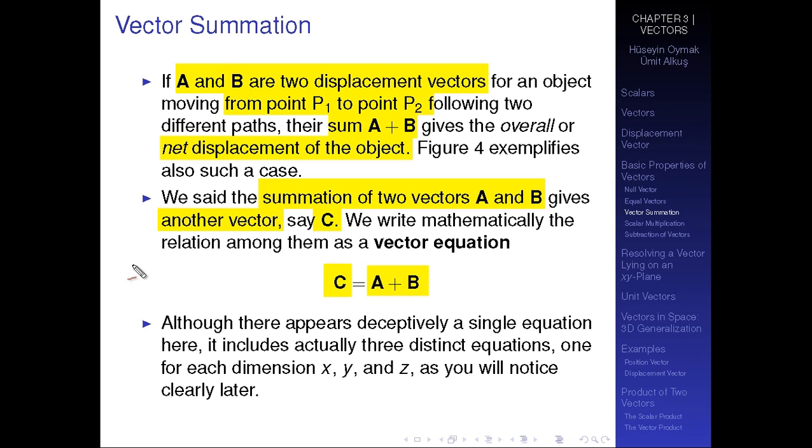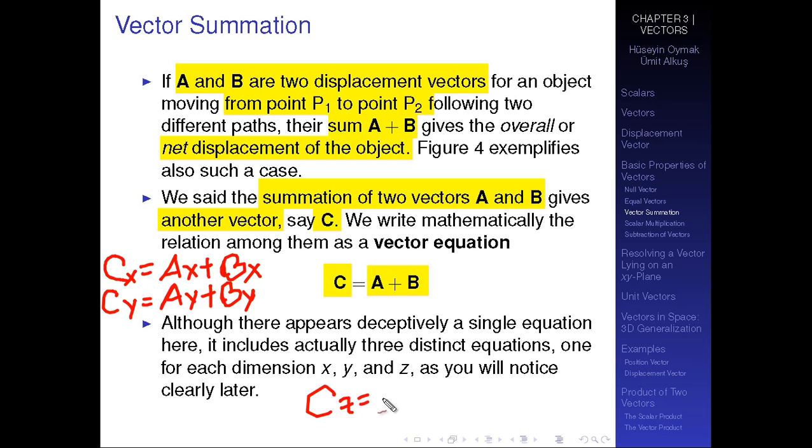And we state that the x component of C, say Cx, is equal to Ax plus Bx, and Cy equals Ay plus By, and also Cz equals Az plus Bz.